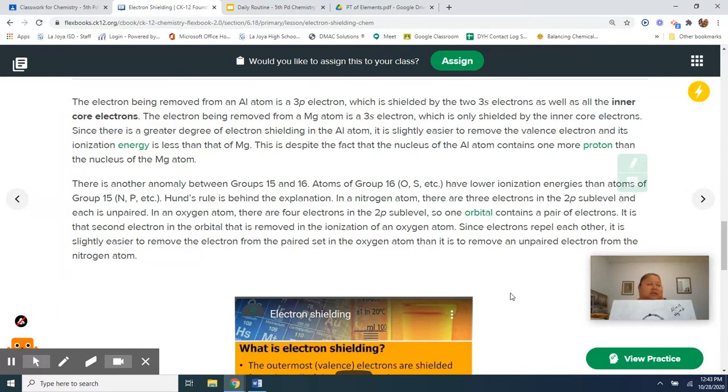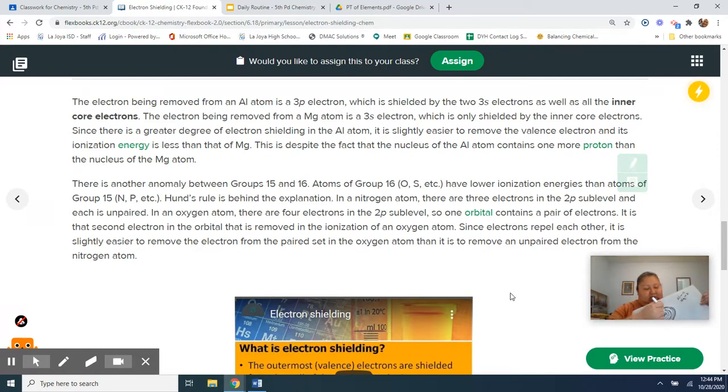So here in magnesium, you have inner electrons that do shielding. These electrons on the inside will shield so that I can get rid of this one electron. But when it came to group 13, aluminum had extra shielding.